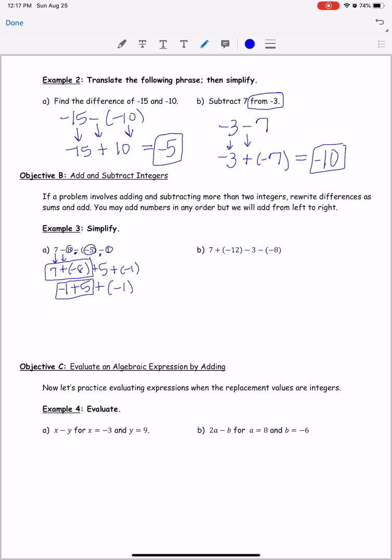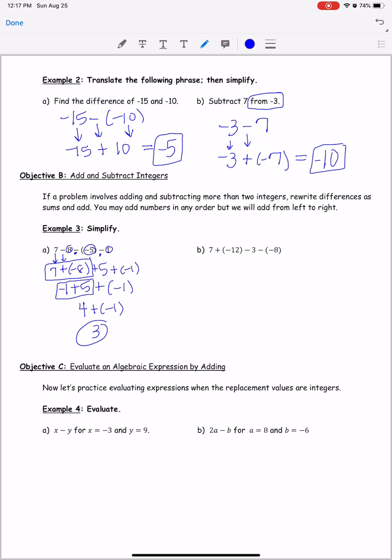Different signs, subtract and keep the sign of the bigger. So 5 minus 1 is 4. 5 is bigger, so this will stay positive. So then bring down your plus a -1, and same thing, opposite signs, so subtract and keep the sign. So 4 minus 1 is 3. The bigger number is 4, so it stays positive. So my final answer is 3.